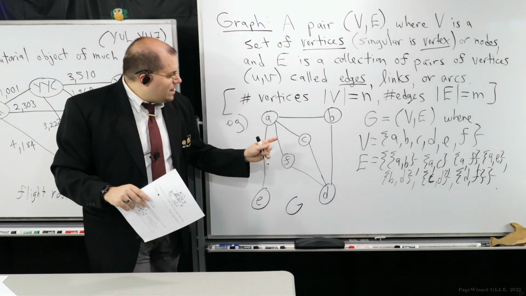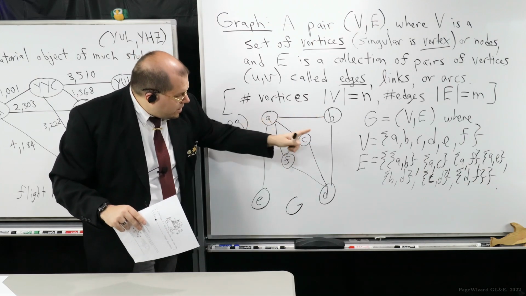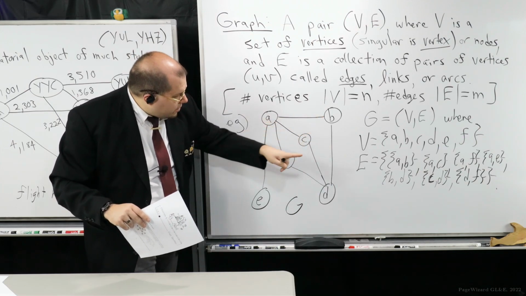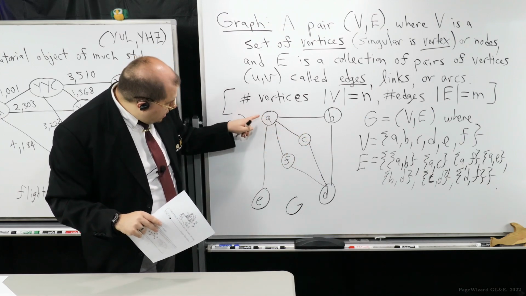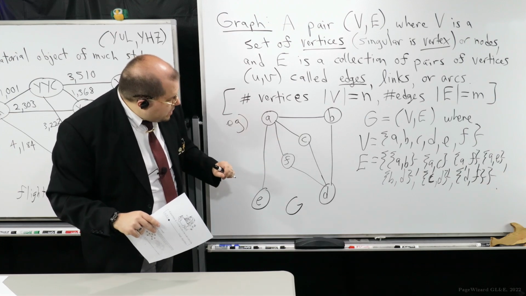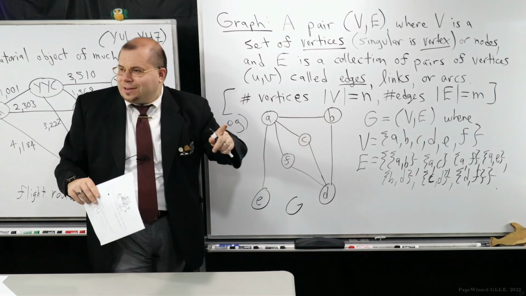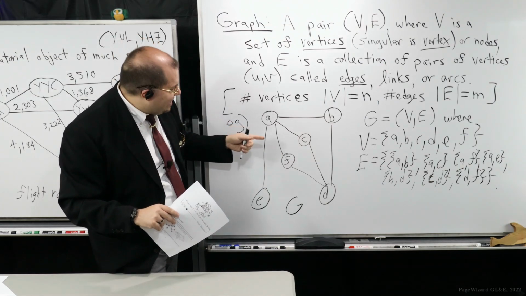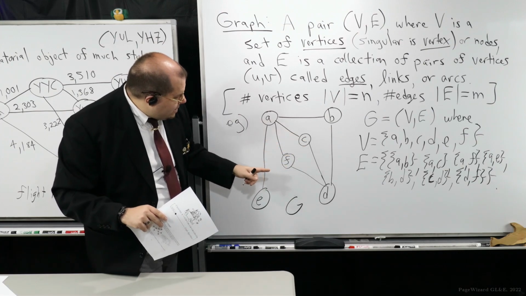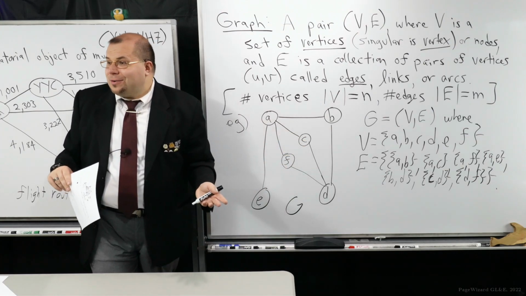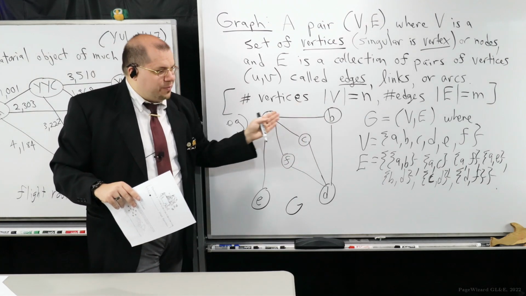Notice that I have AB because there's this edge right here. I have AC. Notice that edge is right here. AF, right there. AE, right there. BD, where's BD? Ah, there it is. It's right there. BD, we got CD right there, and we got DF. That's all the edges, right? So this is how I could write out a description of this graph.